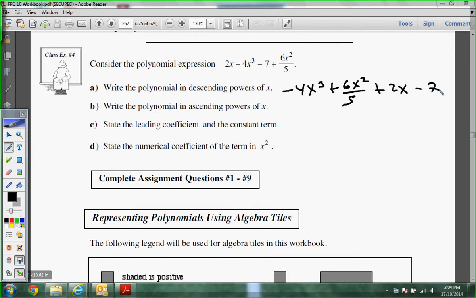That would be descending. So we're going 3, 2, 1, 0. Ascending would just be the opposite: negative 7 plus 2x plus 6x squared over 5 minus 4x cubed.